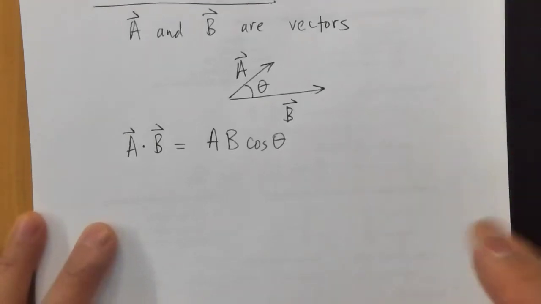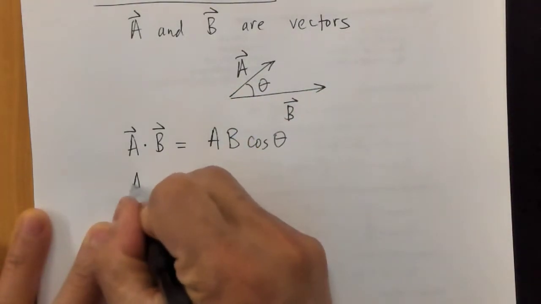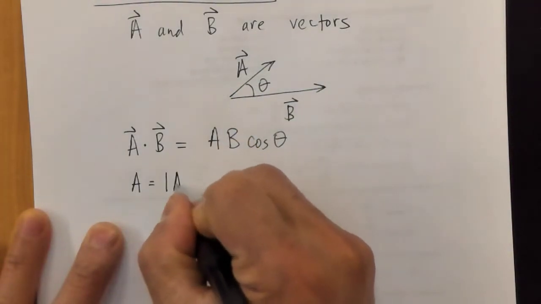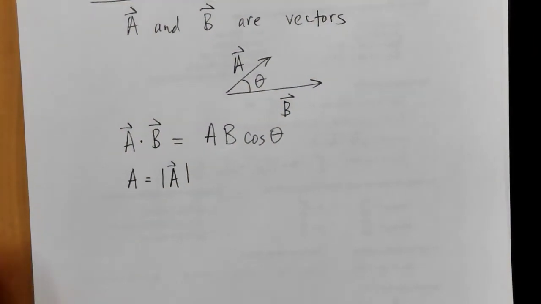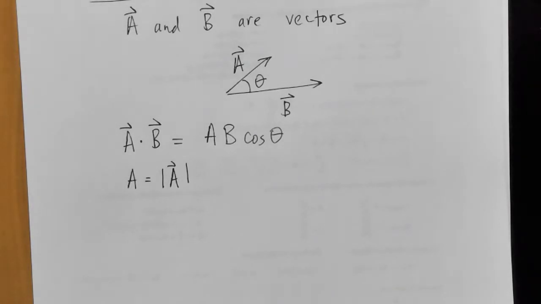By the way, this was the magnitude. If I have A, that's the magnitude of the vector A. Now, suppose I had components AX and AY. Then you remember how to get the magnitude. You take the square root, and inside you have AX squared plus AY squared.